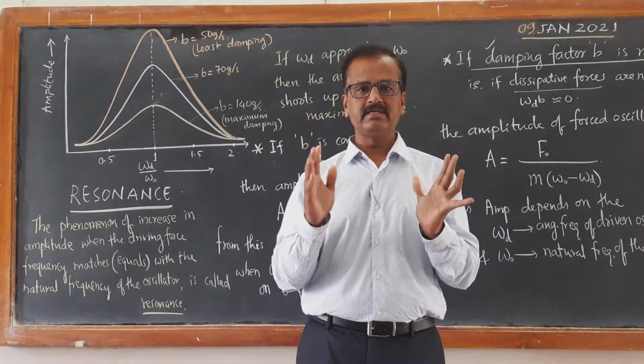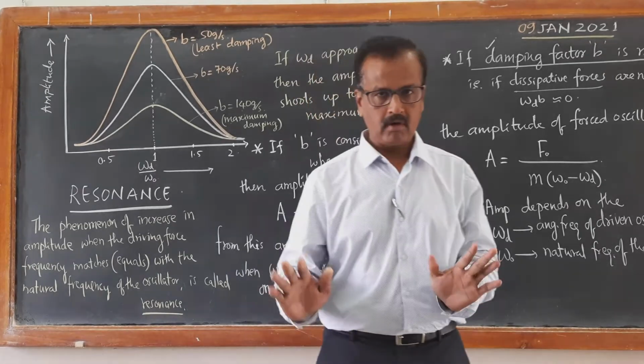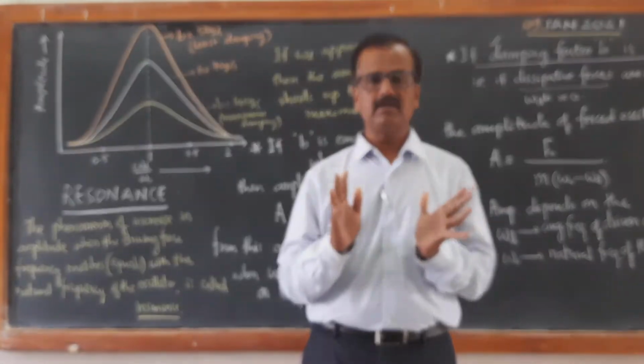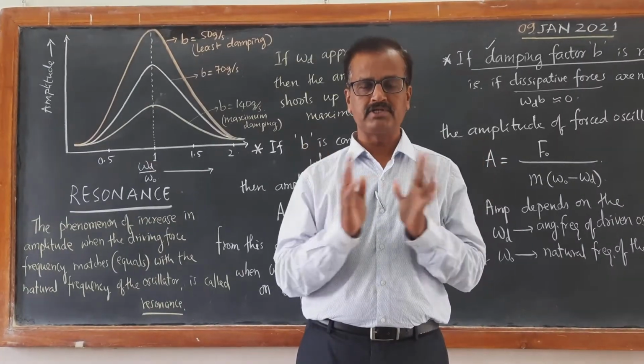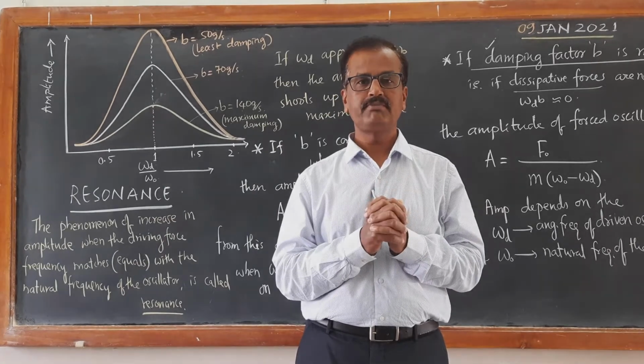So when the frequency of marching of the soldiers on the floor of the bridge matches with the frequency of vibration of the bridge, then definitely there is going to be damage to the bridge.